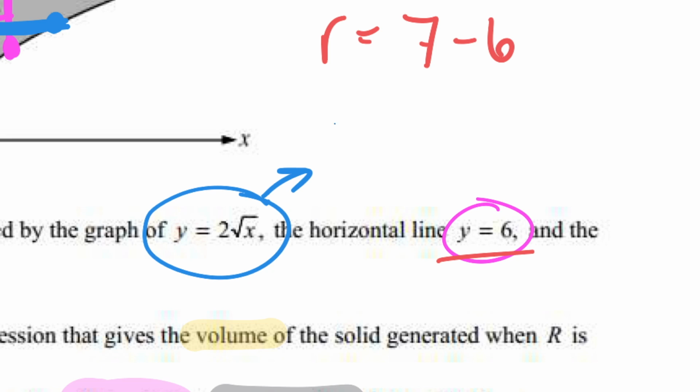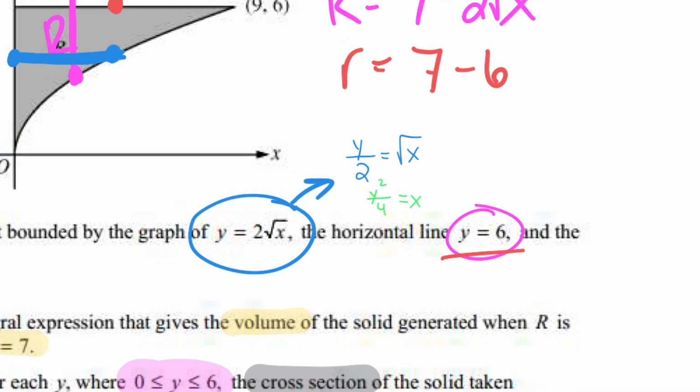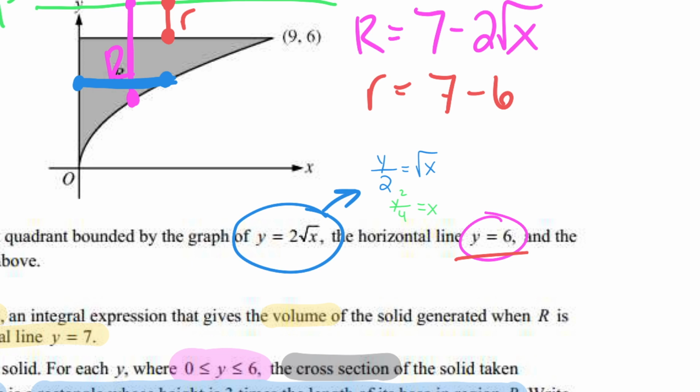So we can start by dividing by 2, so we'll have y over 2 equals the square root of x, and then squaring both sides, and we'll get y squared over 4 equals x. So this is now the curve that we have sketched right here, but in terms of y, so that we can actually subtract that minus our y-axis.